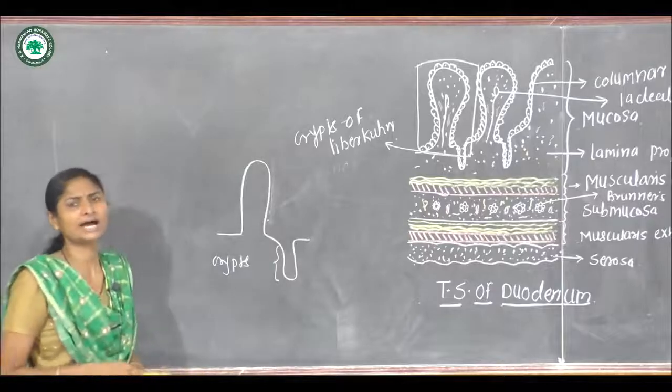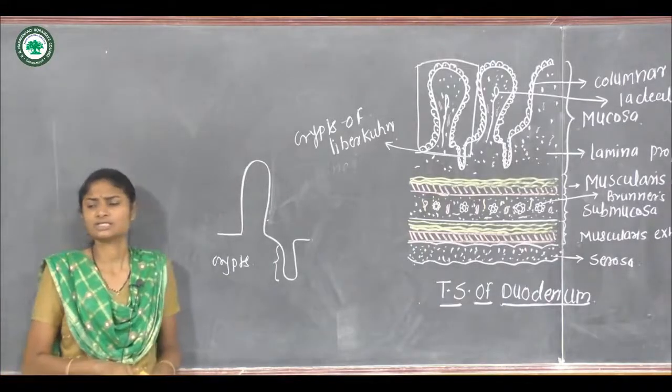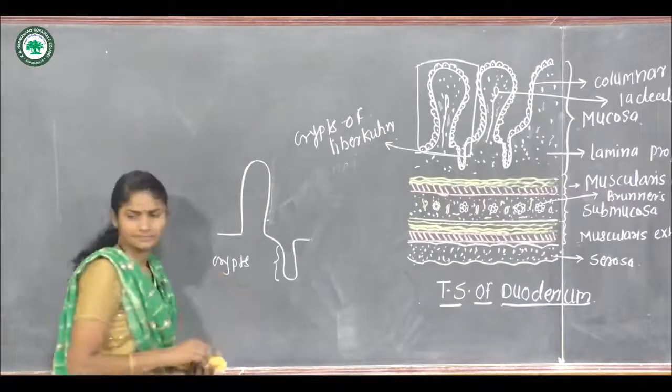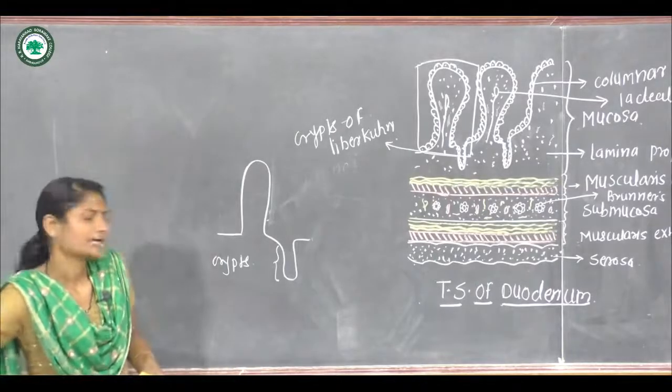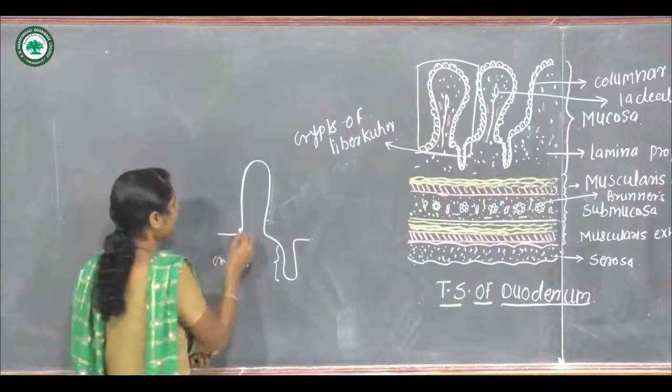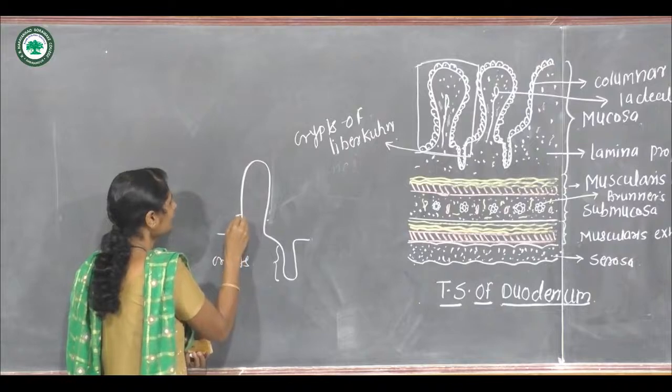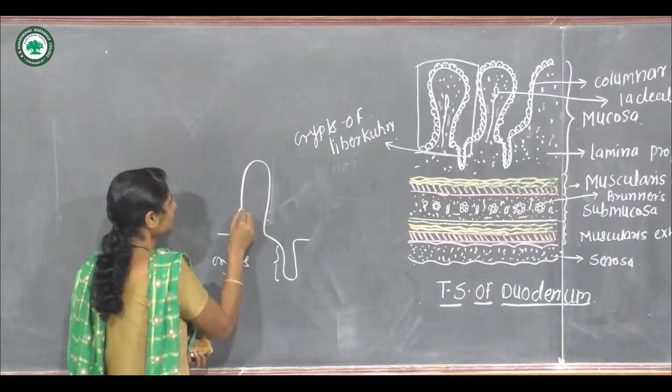These villi mainly consist of two types of cells. In these villi, absorptive cells are present, and these absorptive cells show microvilli structure.